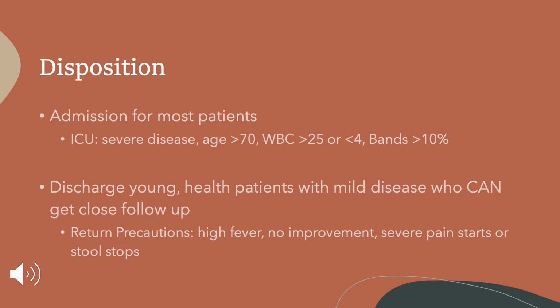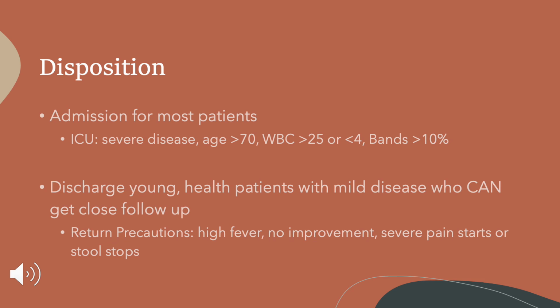Almost all patients you diagnose with C. diff will get admitted. You just need to decide whether they're going to the floor or the ICU. Consider ICU admission for those who are older, have high white blood cell counts, elevated bands, and just generally have more severe looking disease. Also, those with complications should always get admitted to the ICU because these complications with C. diff colitis have really high mortality.